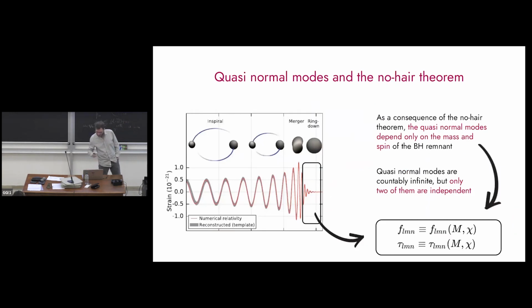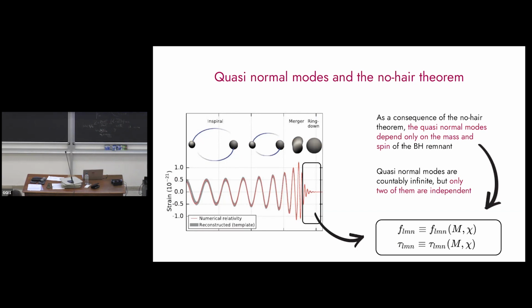Now, if you put all these things together, you will discover that frequencies and damping times, while formally they are infinite, are in reality not independent from each other, but there are only two independent quasi-normal mode quantities. Either you can choose them as the frequency and damping time of the most dominant mode, or two frequencies or two damping times, whatever you like.